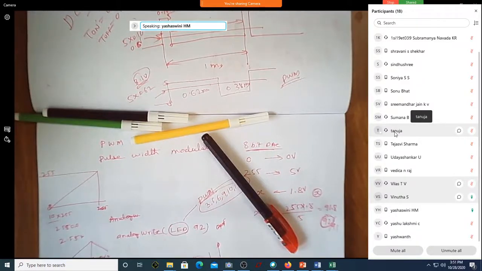Of course, that can be visualized in one way by the intensity of the bulb. But how do you know that those values keep on increasing gradually? There is a serial monitor available in your Arduino, correct? You can push the value of any parameter onto this serial port and you can visualize it. That's what is there.